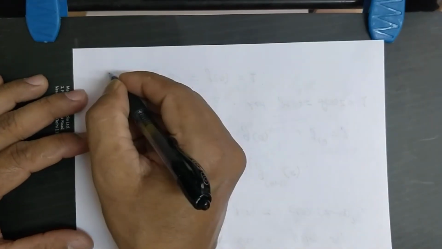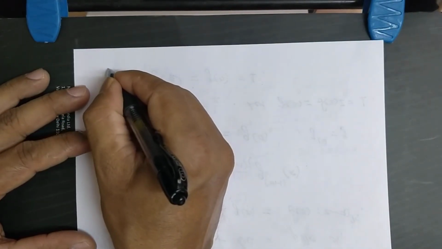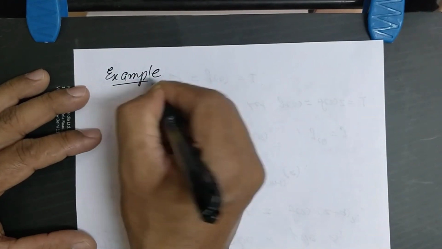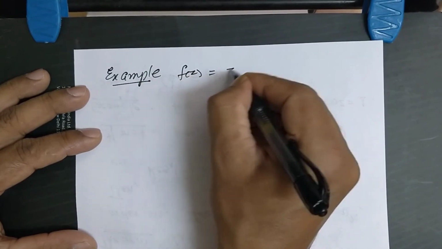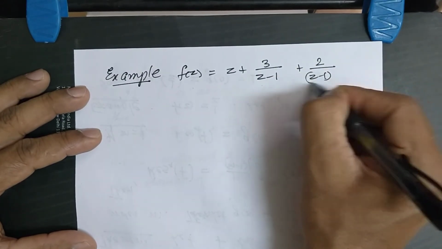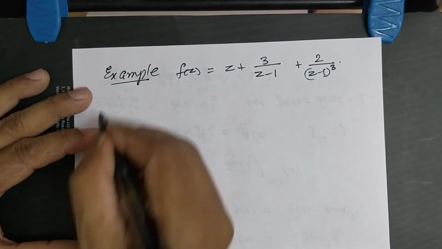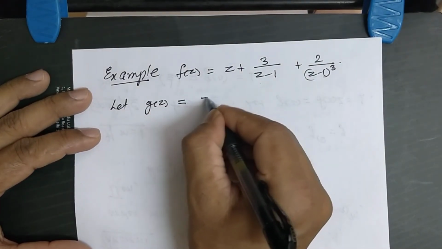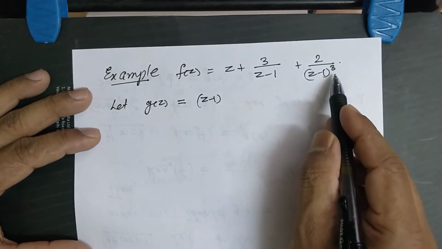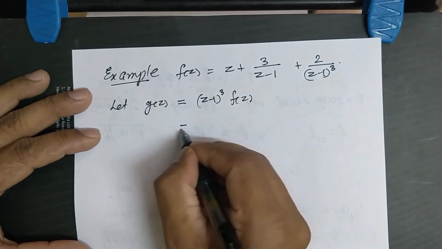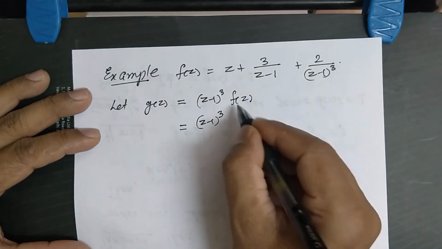Let's look at another example. f of z equal to z plus 3 upon z minus 1 plus 2 upon z minus 1 cube. Let g of z be equal to, so z equal to 1 is a pole of order 3, z minus 1 cube multiplied to f of z.